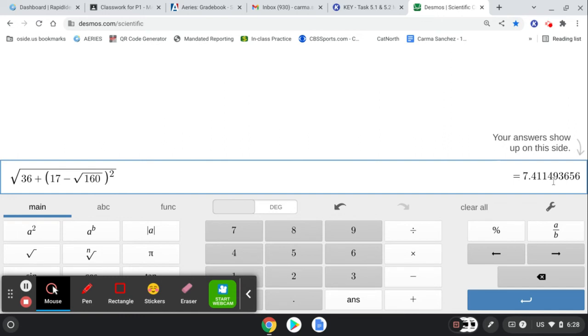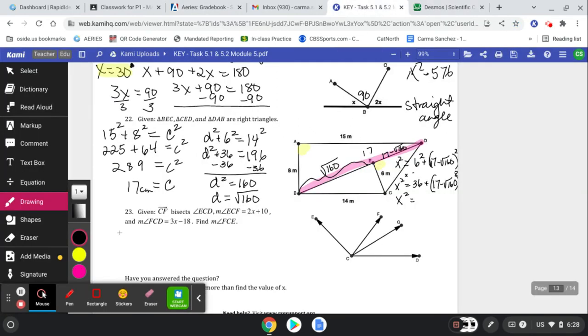And so we're going to get 7.41. See it here on the right? See if it'll let me copy and paste this in. Nice.